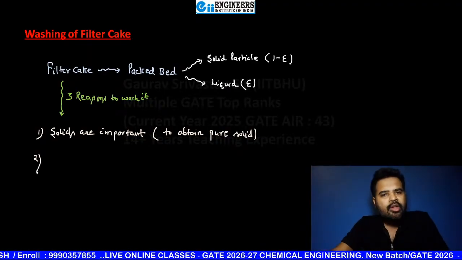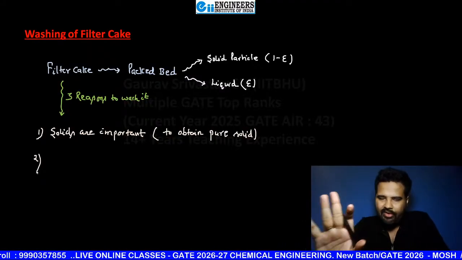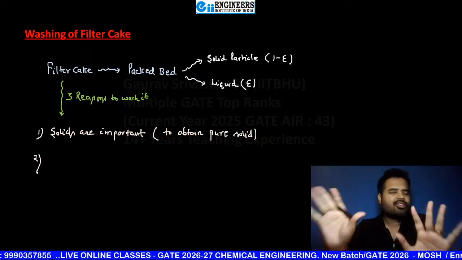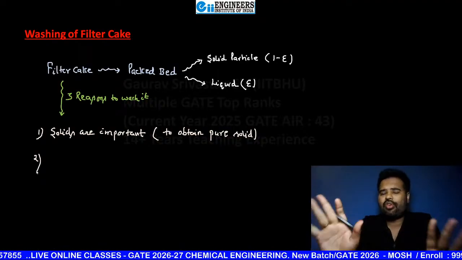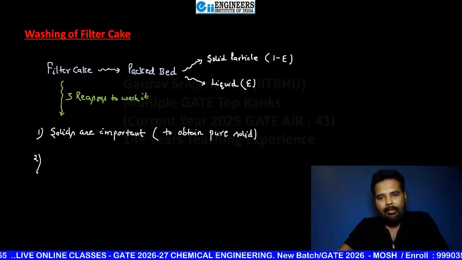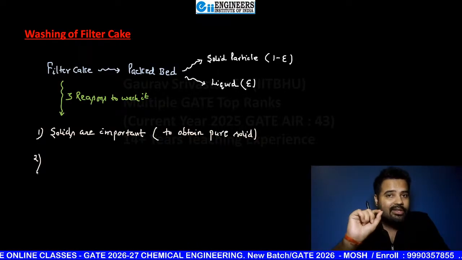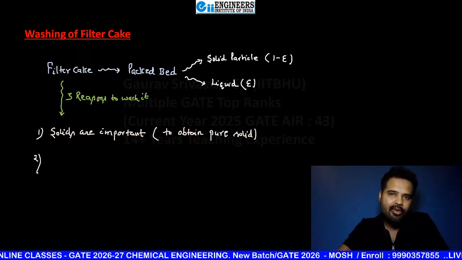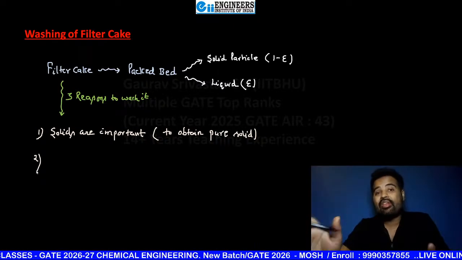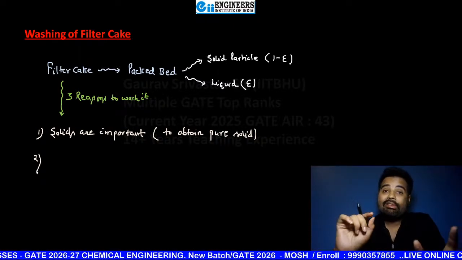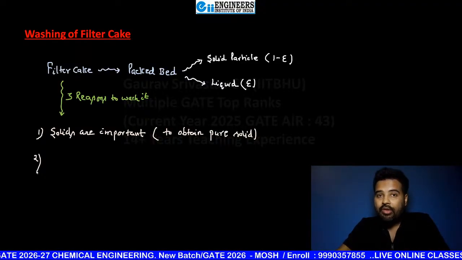Okay, very good. Now the second case: solids are not important. That is a waste material for us, totally waste, just like chai patti. But still, the filtrate or liquid present in our cake is a little bit hazardous for nature, and we can't discard that cake if liquid is also present in it.